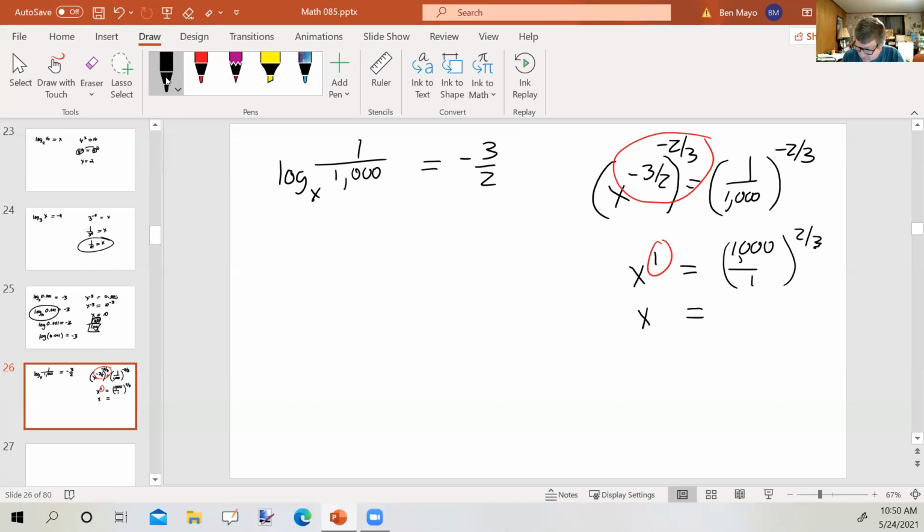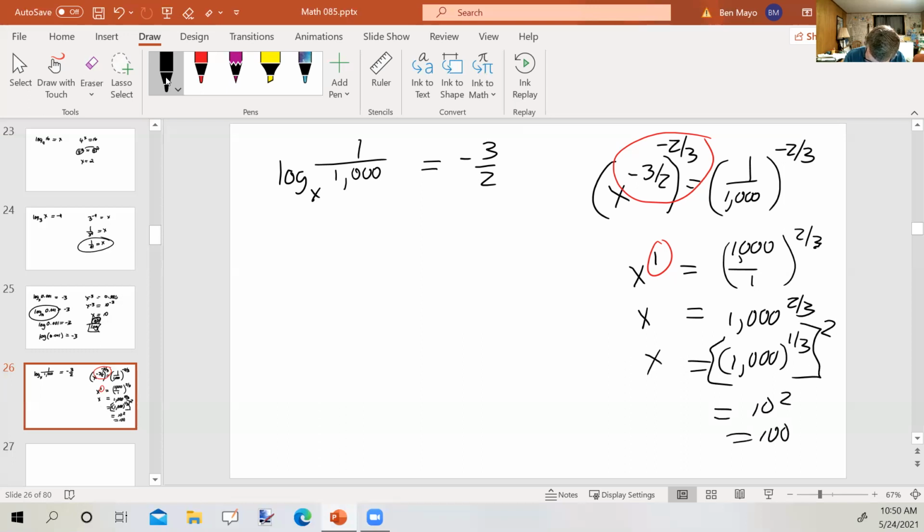I meant it was to the -2/3 power, but now it's to the +2/3 power, which is just 1,000 to the 2/3 power. Well, if we take the cube root of 1,000 and then square the result, we get 100. So x equals 100. So log base 100 of 1/1000 equals -3/2.